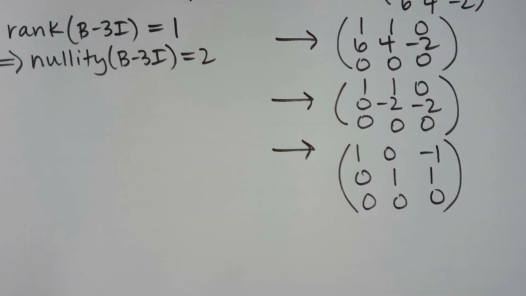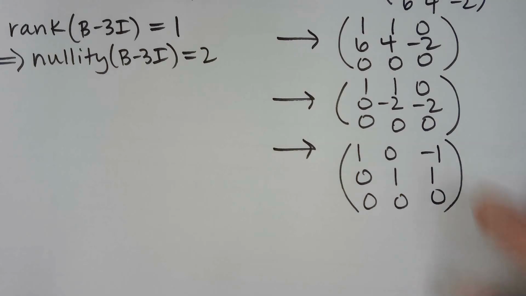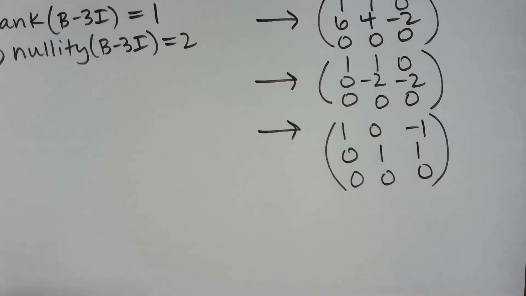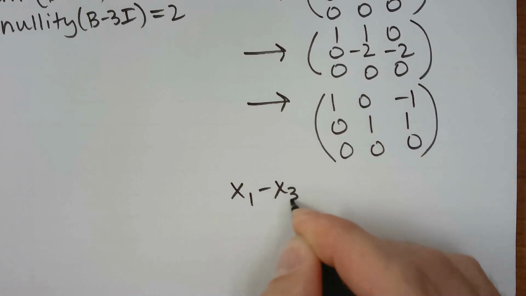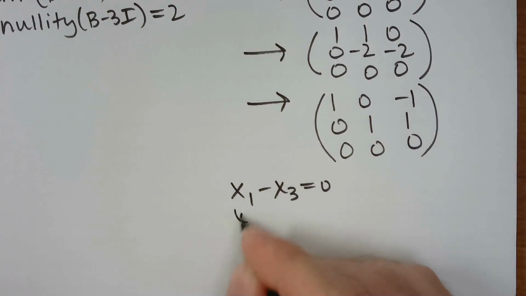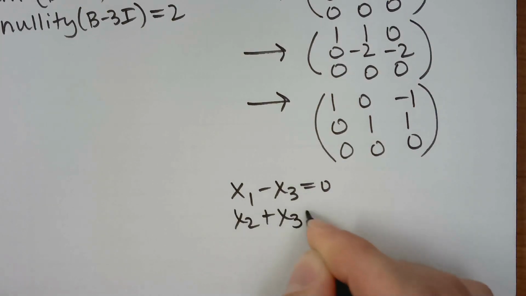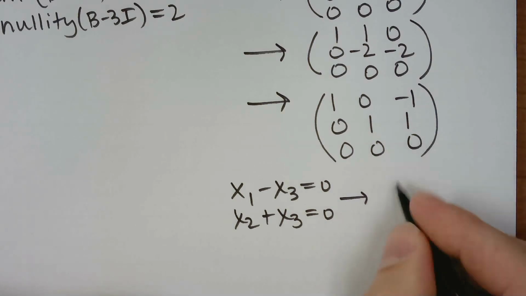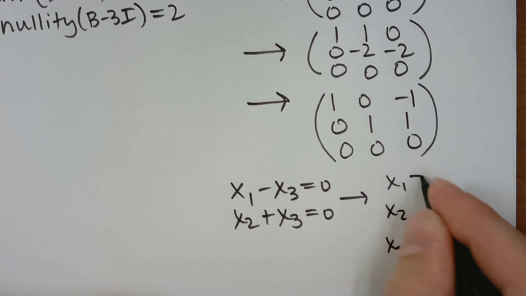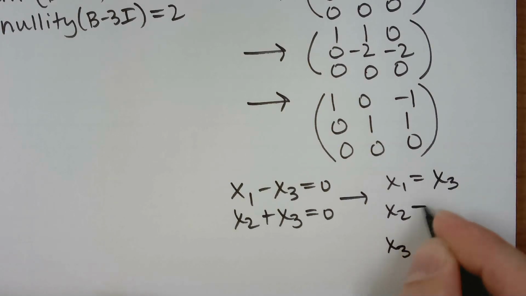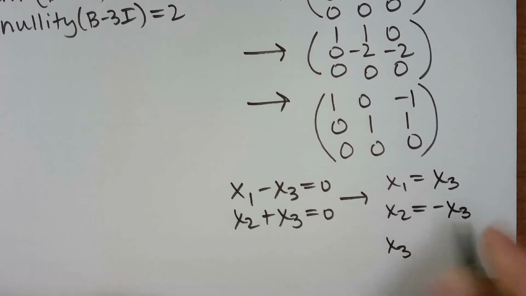Okay, this is a good one for us to practice writing the basis for. We're thinking about null vectors here, so we're mentally setting this equal to 0. And so that's telling me x1 minus x3 equals 0, and x2 plus x3 needs to equal 0. So I'm going to solve for my variables. x1 is going to equal x3, x2 is going to equal the negative of x3, and that must mean that x3 is the free variable.